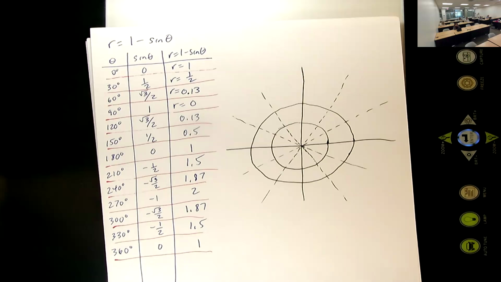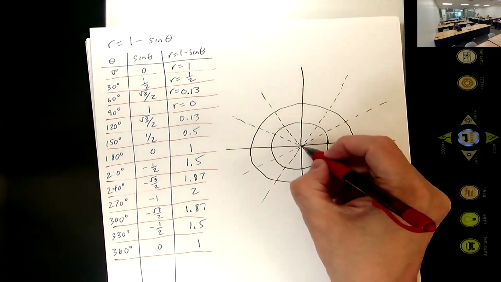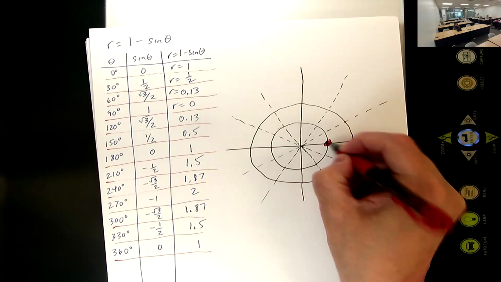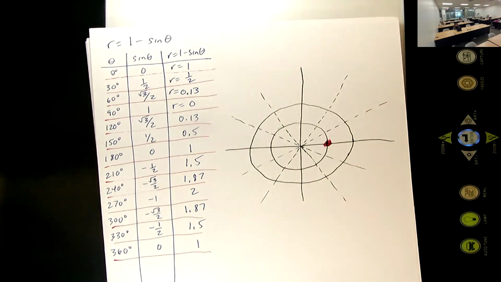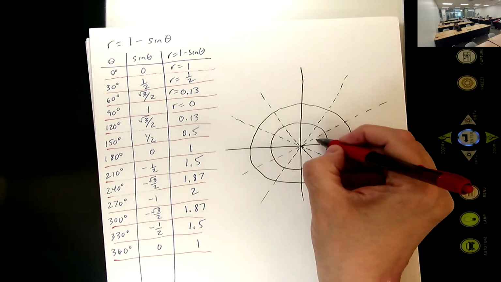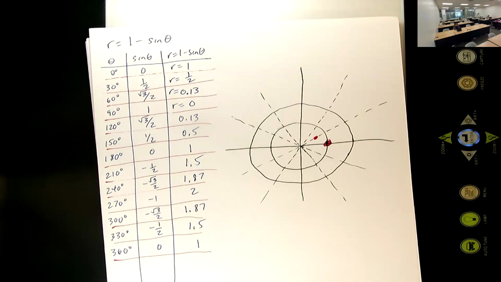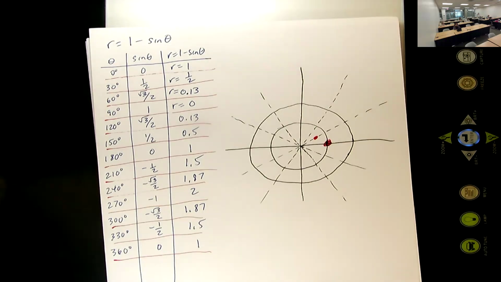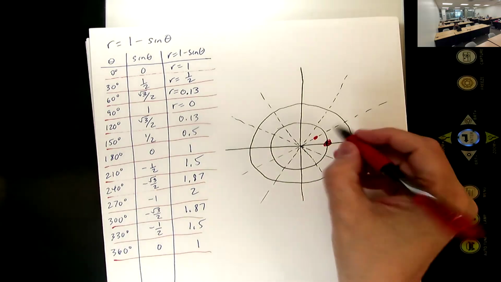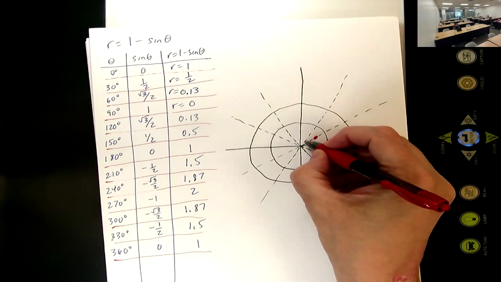So when we have an angle of 0, my radius is 1. When I have an angle of 30, my radius is 1/2. At 60 degrees it's 0.13, so close to the center.